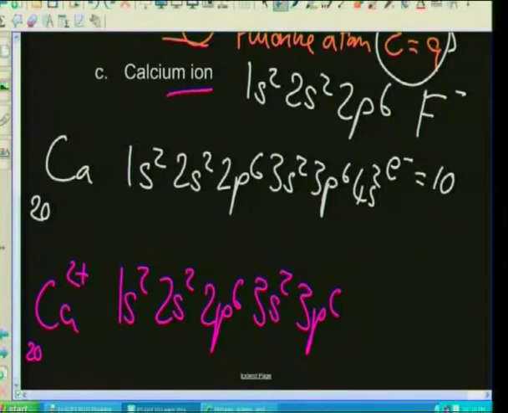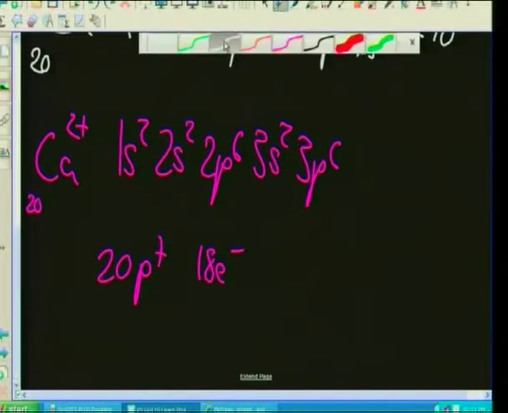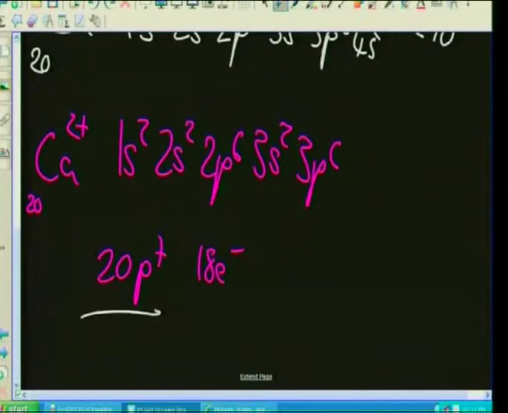It's lost those 2. So have a look now at the arrangement. It's got 20 protons. It's got 18 electrons. Can you see there are more protons than electrons? So that means that it has an overall charge of +2.